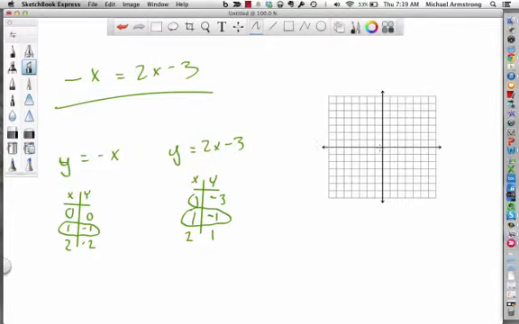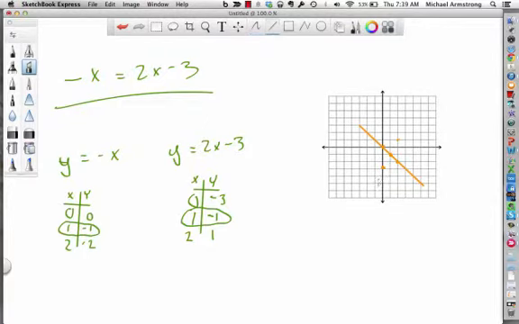This is (0, 0). (1, negative 1), which is down here. And (2, negative 2), which is this last point, and we can draw this line like that. And then the next one over here is (0, negative 3), which is right here, (1, negative 1), which is right here, and (2, 1), which is right here.